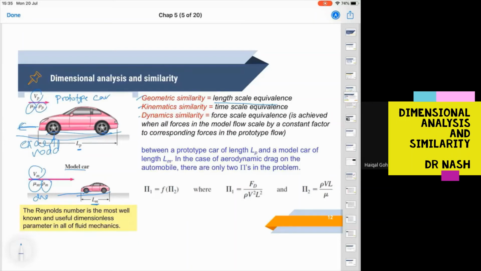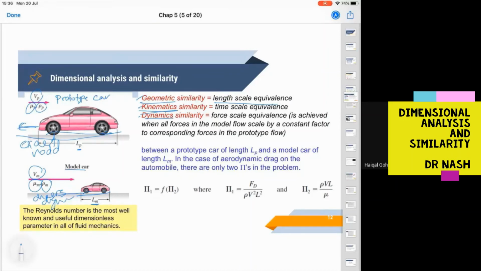So chassis dyno and real road are totally different. So we have to make sure that when they speed up both of them to check the quality or performance of the car, they are actually comparing kinematics. So we have to look at geometrical, kinematic, and dynamic similarity as well, with force scale equivalent.